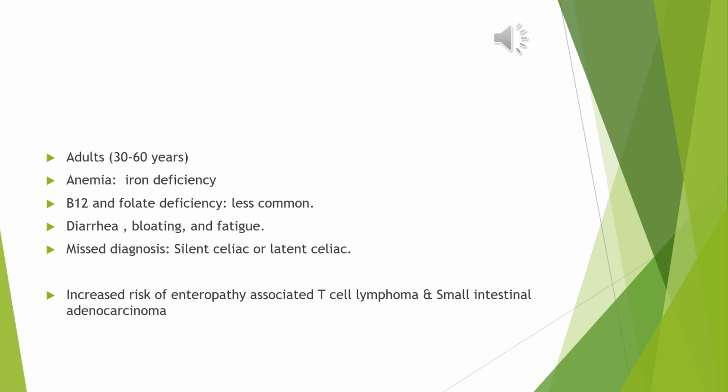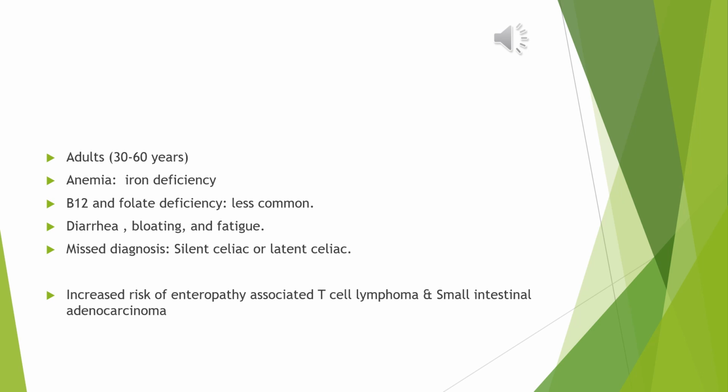Vitamin B12 and folate deficiency anemias are less common because, as you know, vitamin B12 is absorbed in the distal small intestine, principally in the ileum, which is usually not affected in a patient with celiac disease. The main classical symptoms in an adult are abdominal gaseous distension, weight loss, muscle wasting, diarrhea or steatorrhea, bloating, and fatigability, usually due to the iron deficiency anemia.